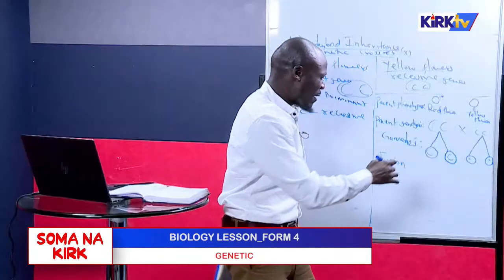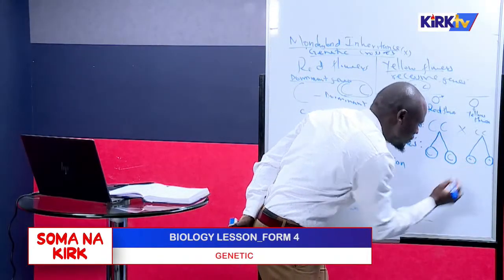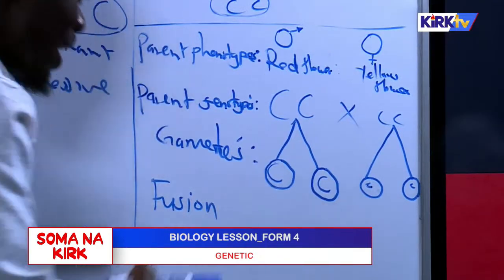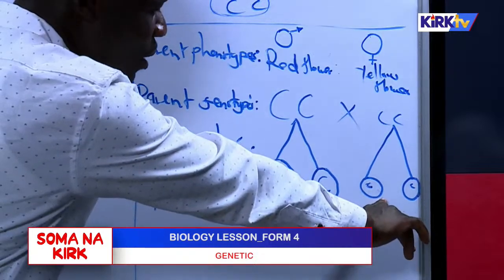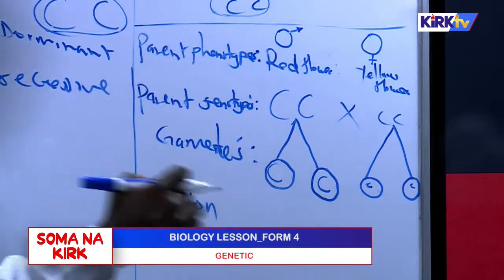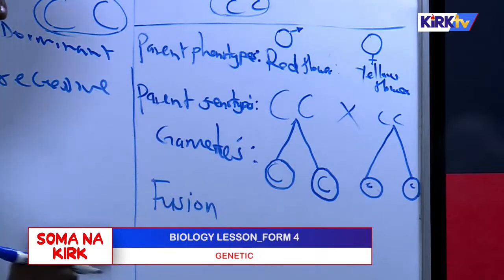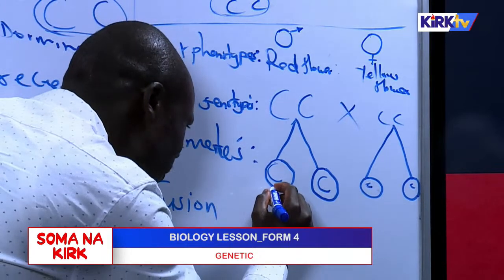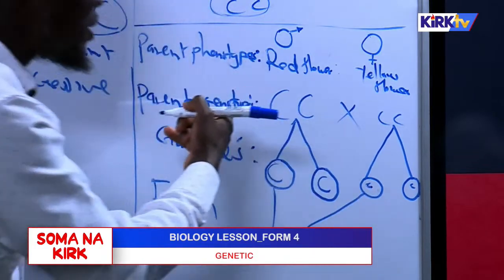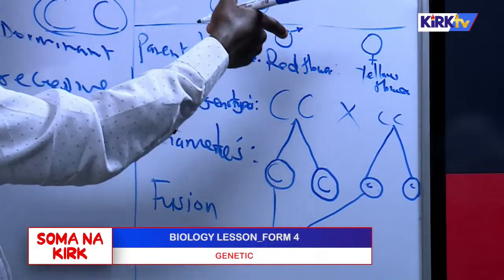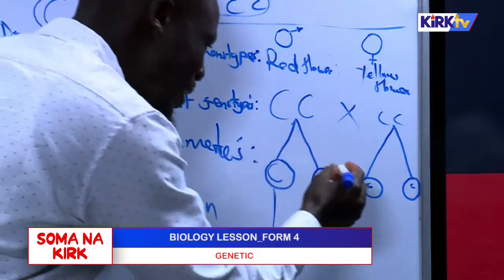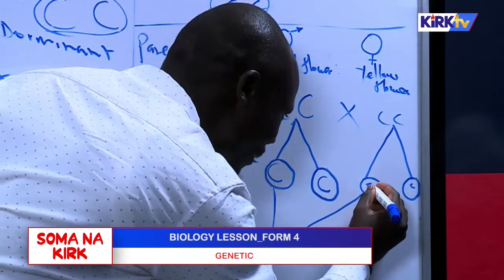So, for instance, we have the first gamete here, which can combine with the first gamete on the female side. So if the two combine, what are we likely to get? We are going to have the first male gamete combining with the female gamete. And in that case, what do we have here?